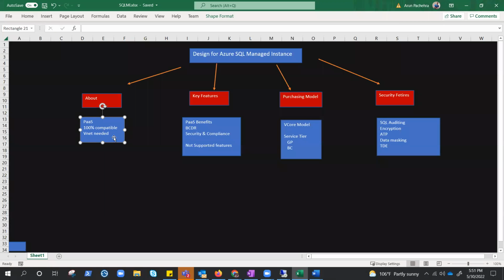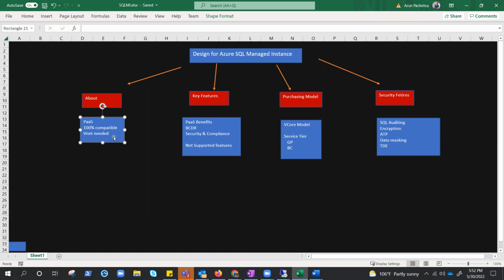So SQL Managed Instance allows existing SQL Server customers to lift and shift their on-prem applications to the cloud with minimal application and database changes. As I said at the beginning, it's almost 100% compatible, because there are a few features which are not supported. We'll see that.